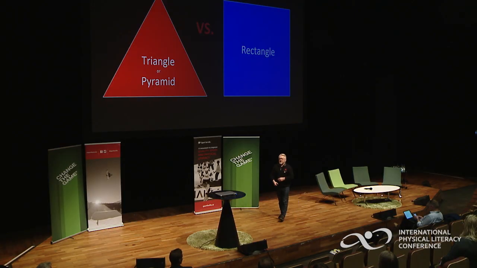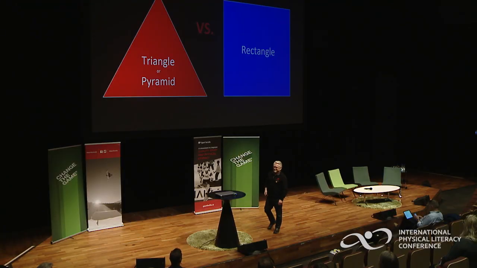So the purpose of my keynote this morning is to, one, see if you're triangles or whether you're rectangles. And if you're rectangles, that you can go out and be champions of being rectangles.